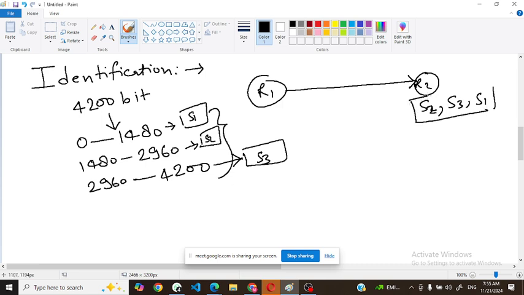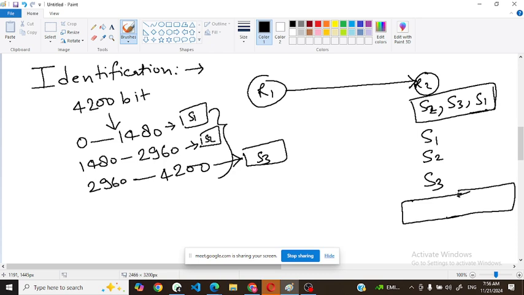By the identification field, R2 will know which one to put first, which one will be second and which one will be third, so that it can comprehend and make meaningful data. Are you getting my point?